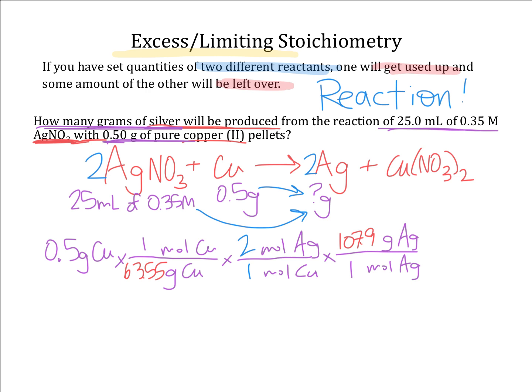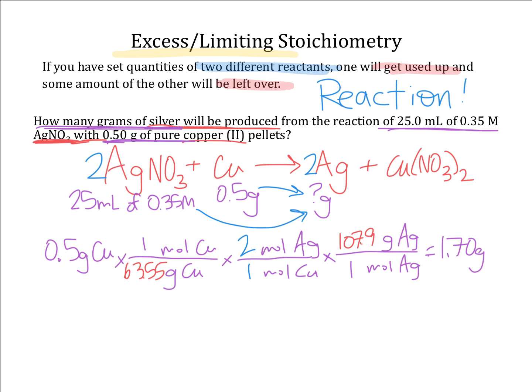Okay, so now let's calculate this. I'm going to take 0.5 divided by the 63.55 times 2 times 107.9, and I get 1.70 grams. So based on the copper, I would get 1.70 grams of silver.